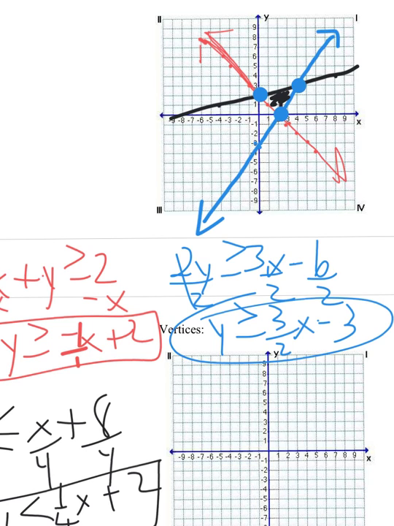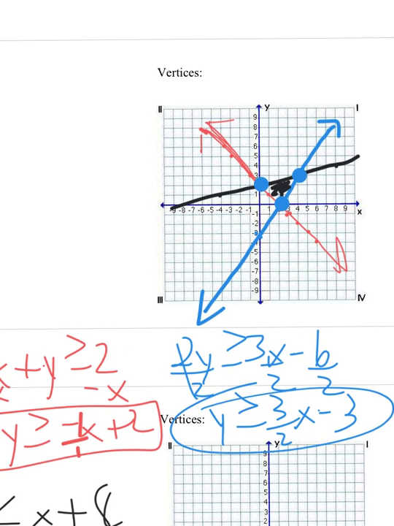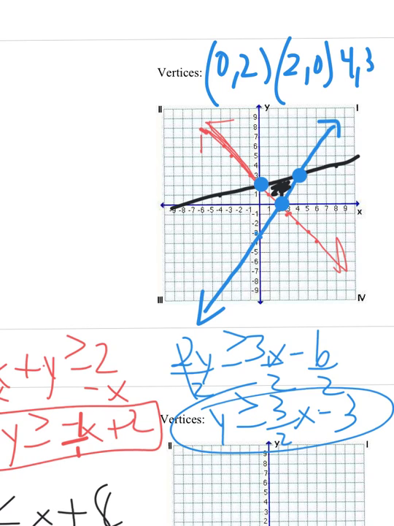So what are the coordinates of those vertices? We have the one on the y-axis, which is 0, 2. We have the one on the x-axis, which is 2, 0. And we have 4, 3. Now, this is a bounded region because it's totally enclosed. We basically formed a triangle.